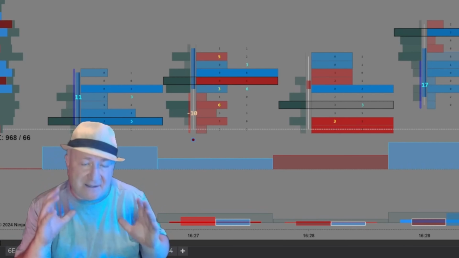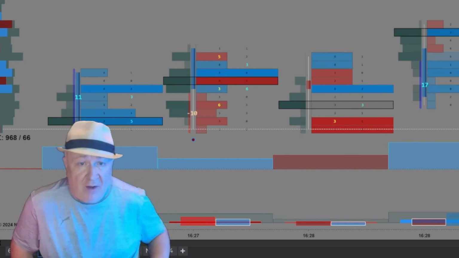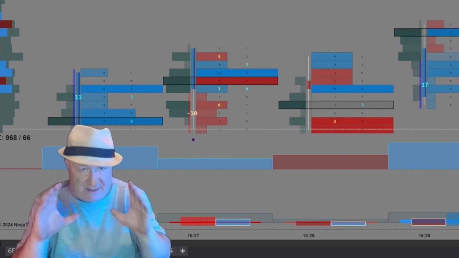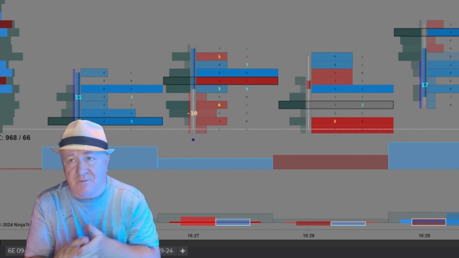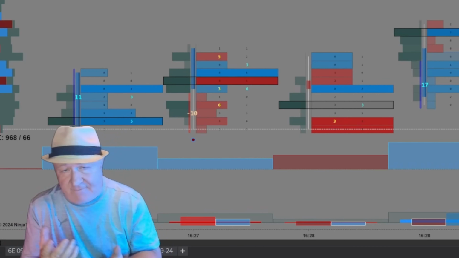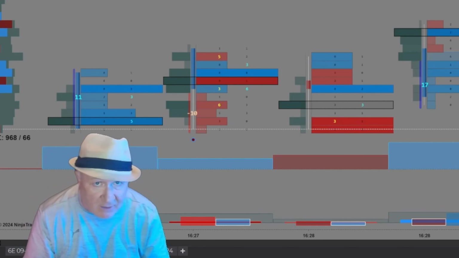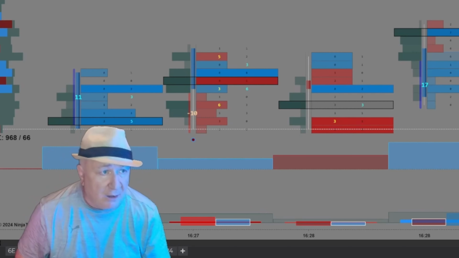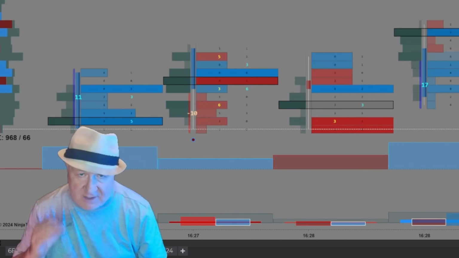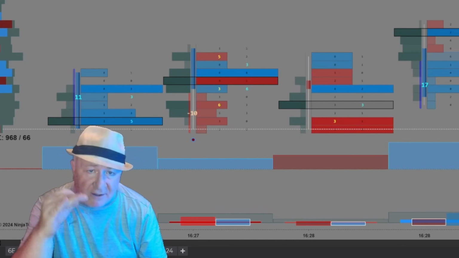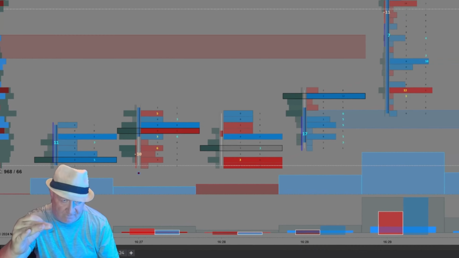So, the context. But the number one context, first, I'll just give you a few ideas. The footprint inside of one candle, this is the footprint, right? Or people call it order flow, because it's a flow of the orders inside of the candle.